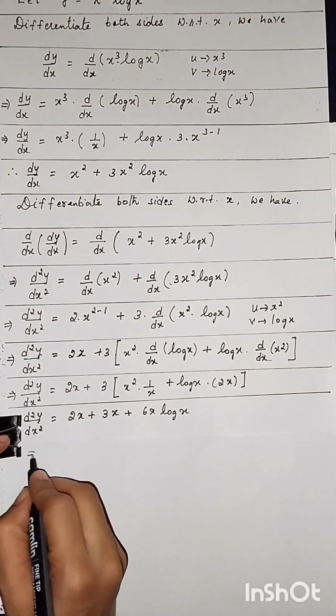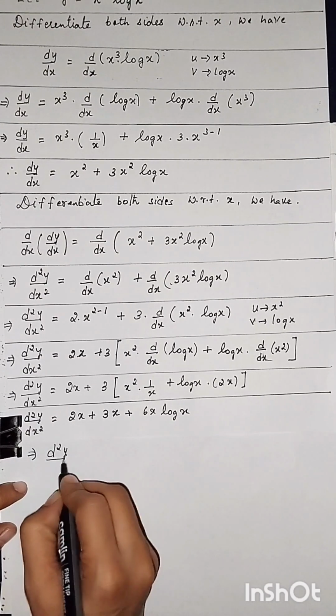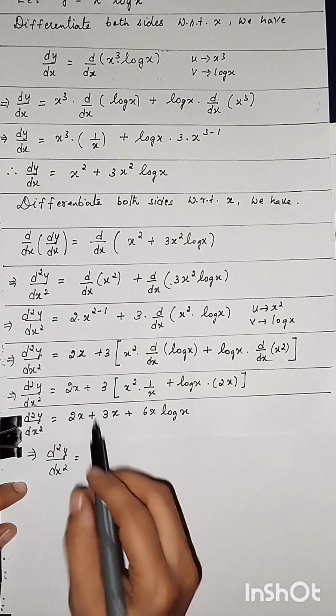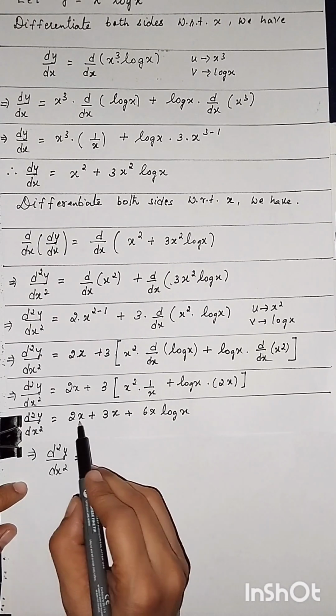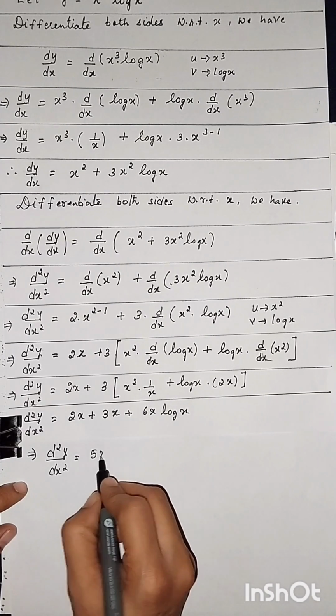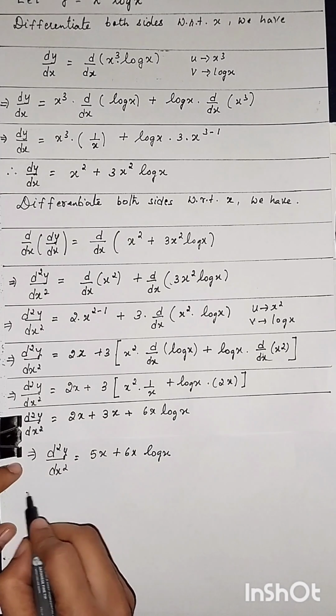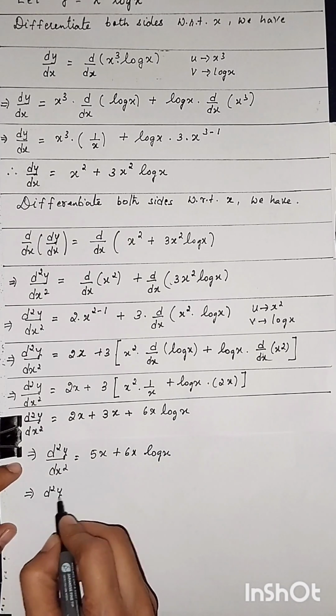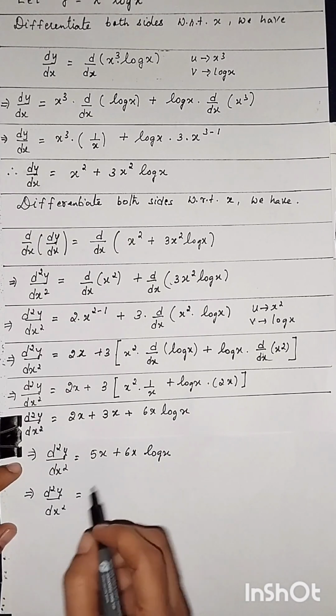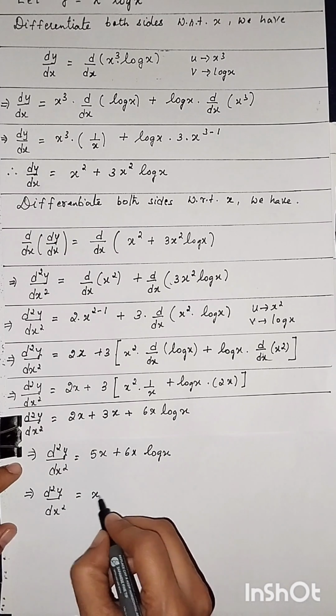So now this implies d square y by dx square is equal to, so we have like terms here, 2x plus 3x. So this will be 5x plus 6x log x. Now this implies d square y by dx square is equal to, so we can take x common here, right?